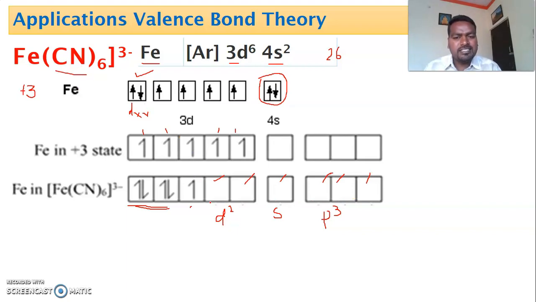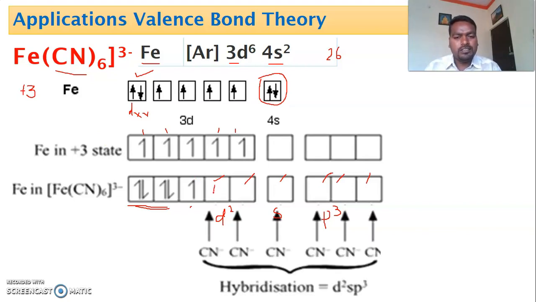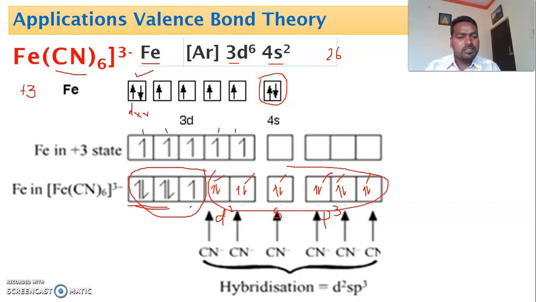These 6 ligands occupy the 6 orbitals, so totally 12 electrons from 6 ligands occupy 6 orbitals to form coordination bonds. Dear students, these are the valence electrons of the central metal atom and these are the electrons of the ligands, which occupy the empty orbitals of the central metal ion.